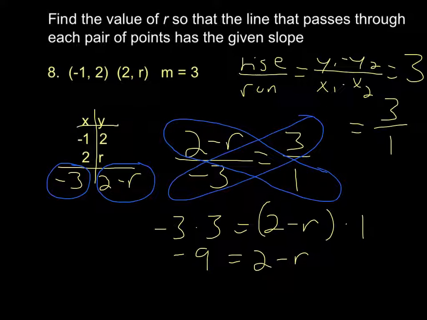Now we have to subtract 2 from both sides to get -11 equals minus r. We can just get rid of those negative signs now and say r equals 11.